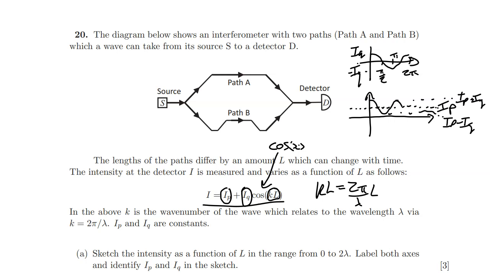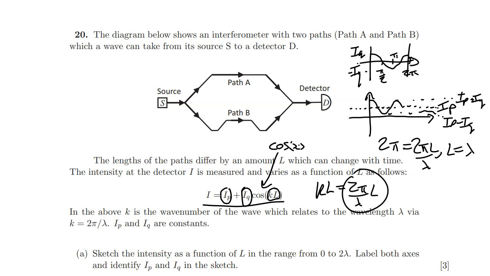Well, for one cycle of the graph, we have that 2 pi, so that's one whole cycle, one wavelength if you like, equals this 2 pi L over lambda. So L equals lambda.